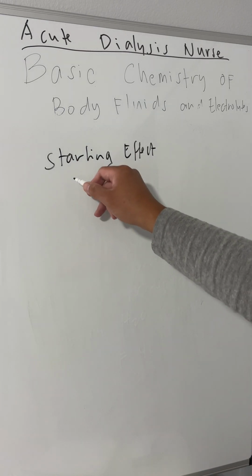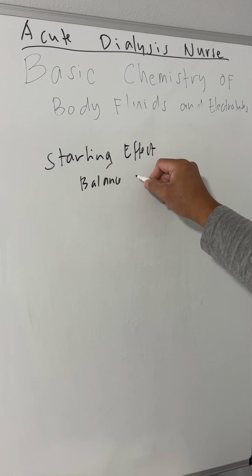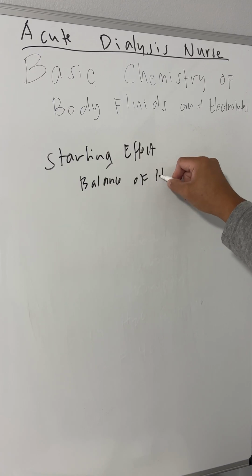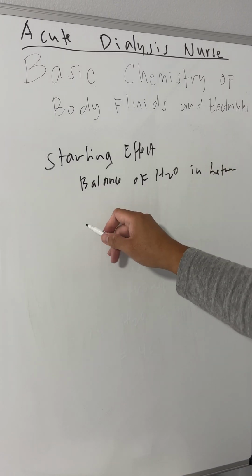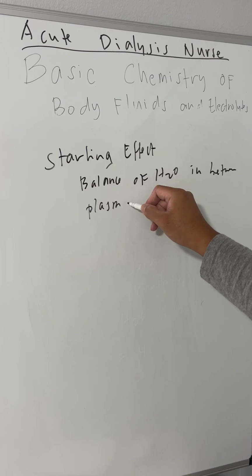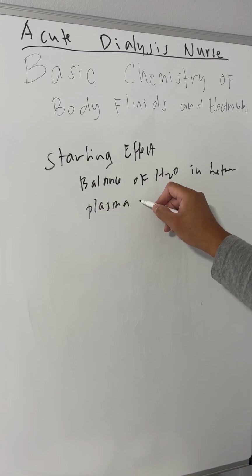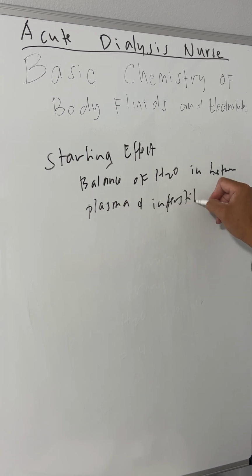So the Starling effect is the balance of water in between plasma and interstitial compartment. So this is in between your intravascular and interstitial, between plasma and interstitial compartment.